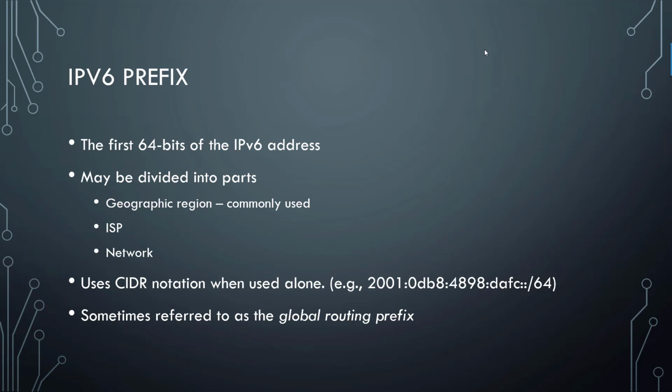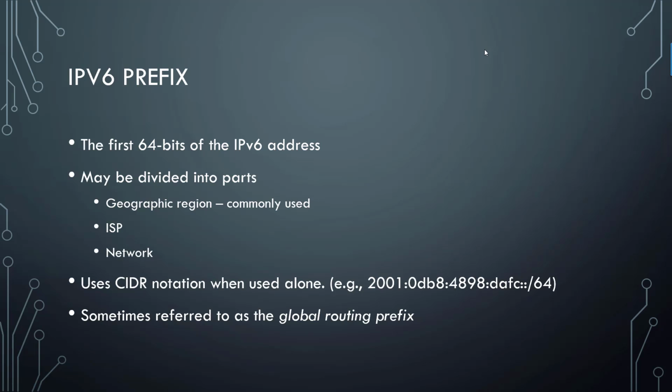It just depends on what the ISPs decide. That's what they would use for the 64 bits of the IPv6 address. It may not use all 64 bits. They might only use 32 of the bits for the geographic location, and then the ISP can append more bits, and then the network that you're actually using can add more bits.